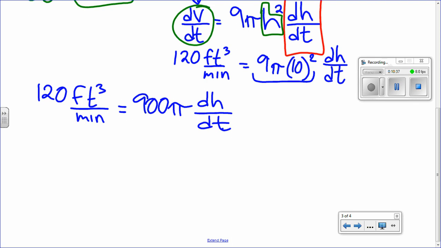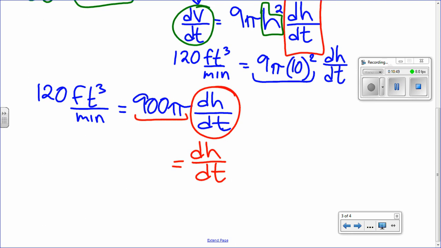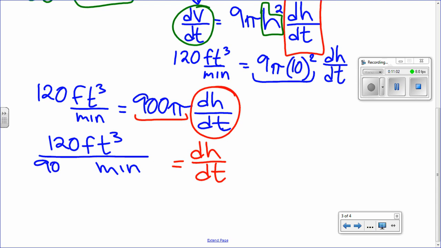Now remember, the question is asking us how fast is the height changing when the height is 10. So we're going to be solving for dh dt. And remember that the 900 pi is multiplying it. So it will be enough to just take the 120 cubic feet divided by minutes here and divide that by 900 pi.